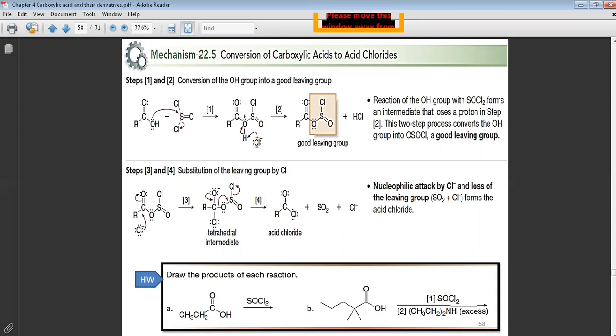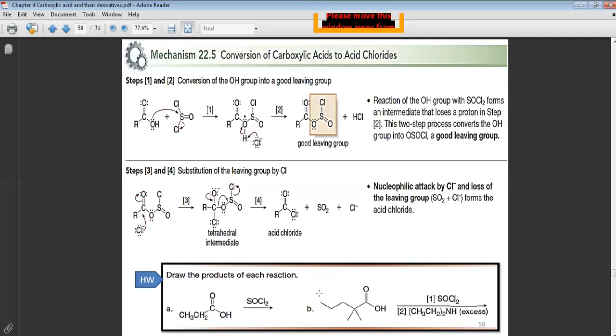But look, from the less reactive one, we prepared the more reactive one. In the normal case, it is impossible to prepare a more reactive compound from the less reactive one, but here it is easy, using thionyl chloride to give you the acid chloride.